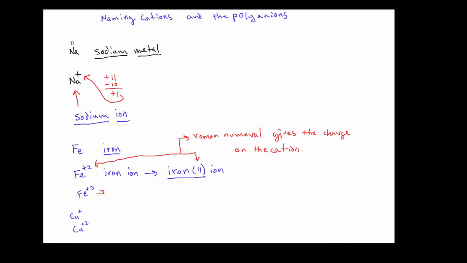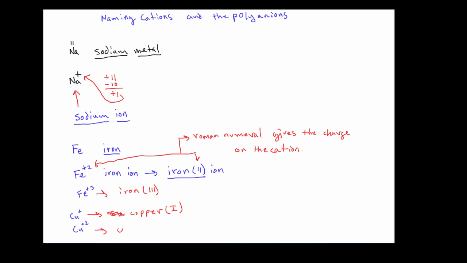So for this one here, this would be iron 3. And for the copper 1, this would be copper and then Roman numeral 1. And when we speak it, we would say copper 1.